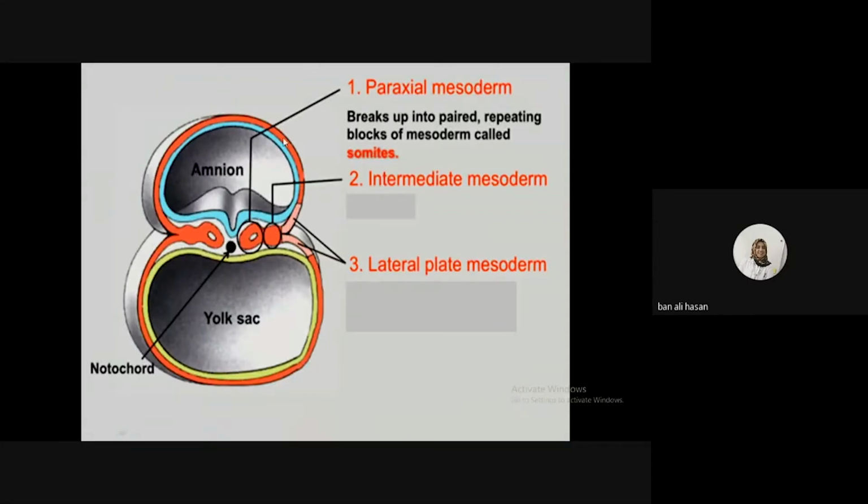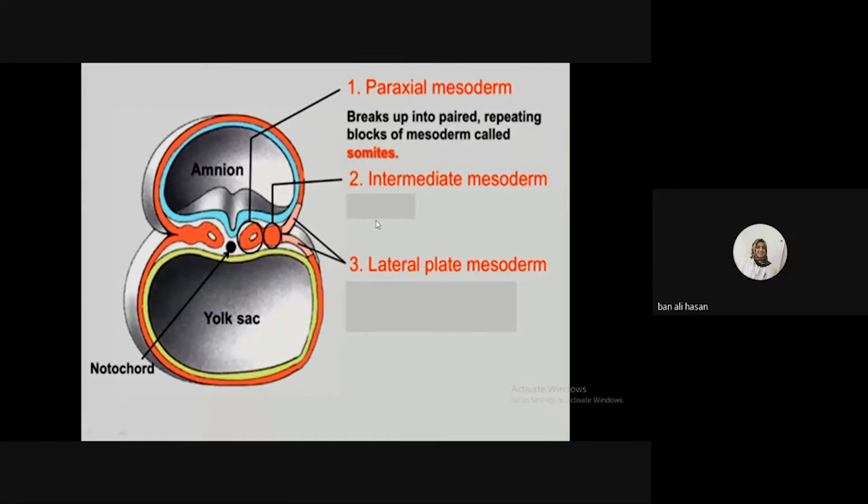the mesoderm is somehow complicated, that is, it can be differentiated into 2 other layers. So we have here the paraxial and lateral plate, which we call the parietal layer of the mesoderm. The lateral plate forms the bones of the pelvic and shoulder girdles, limbs, and the sternum.